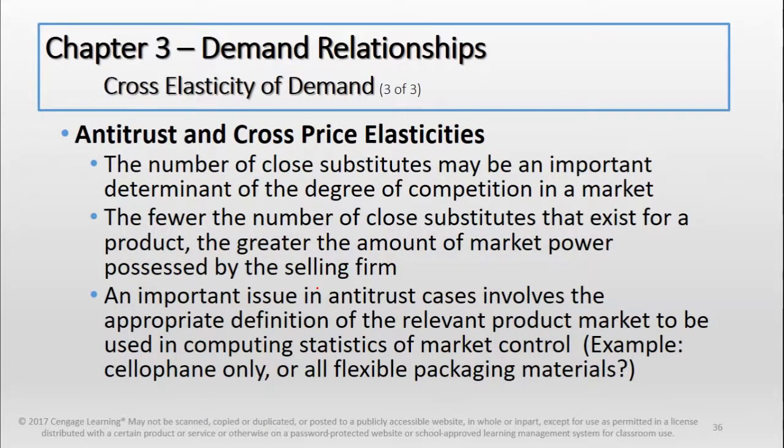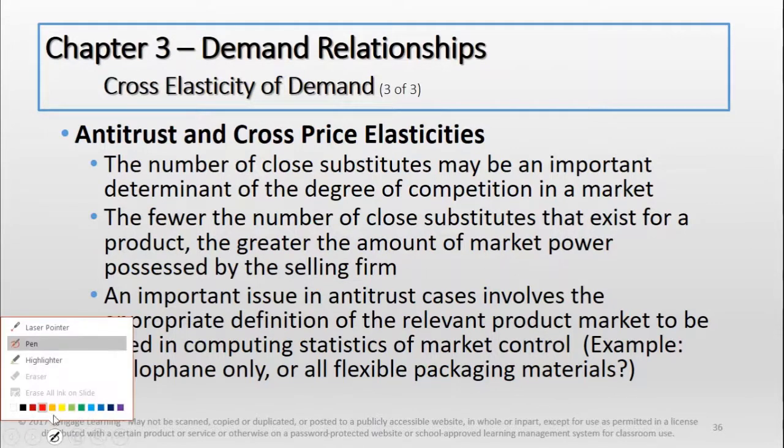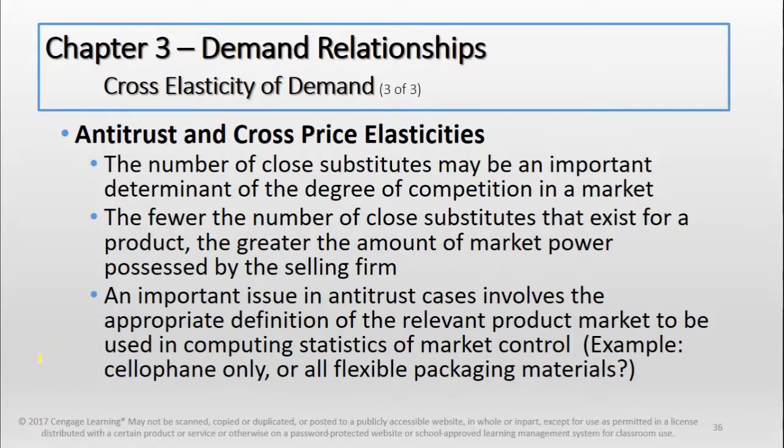Now, we also have the concept of antitrust and cross-price elasticity. The number of close substitutes may be an important determinant of the degree of competition in a market. As I keep mentioning, the more substitutes you have, the easier it is for the consumer to switch.